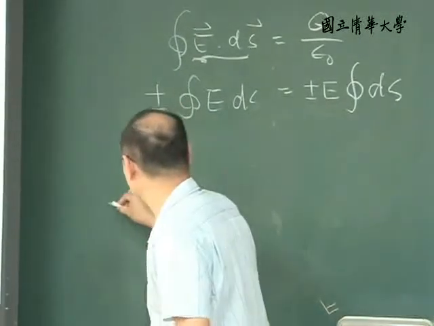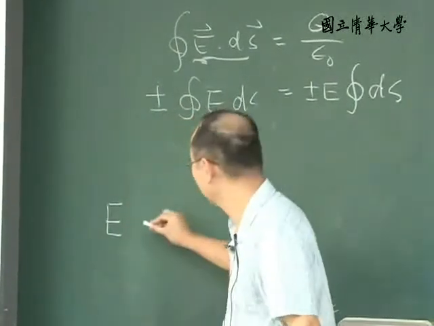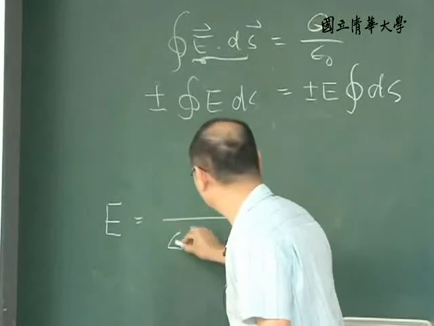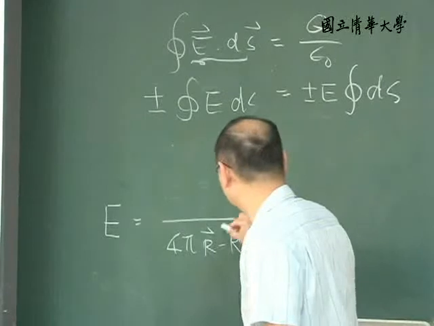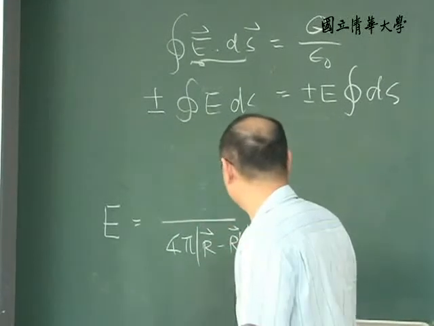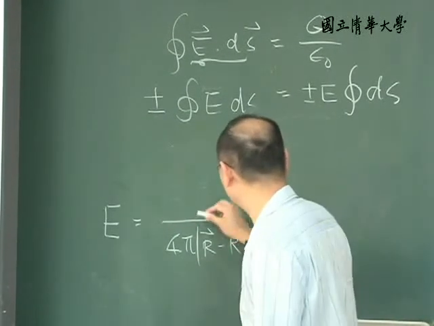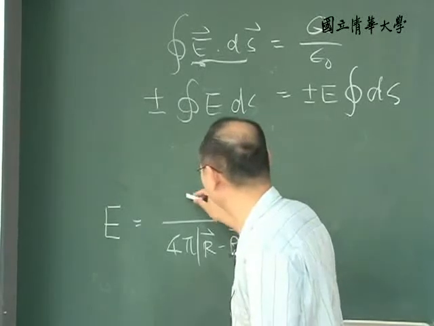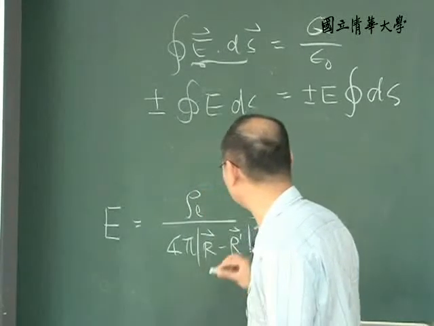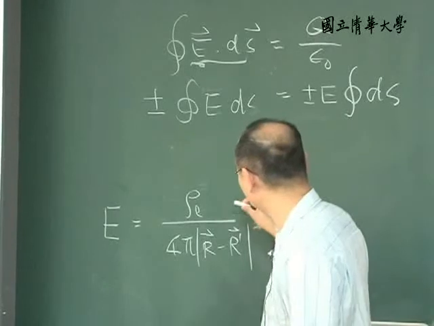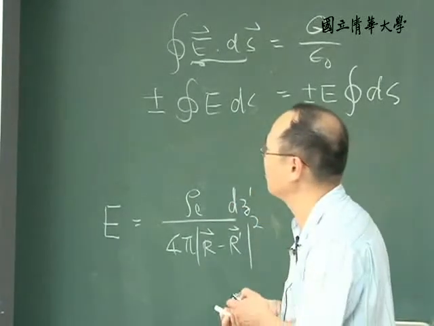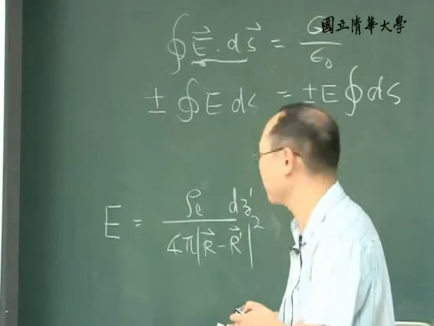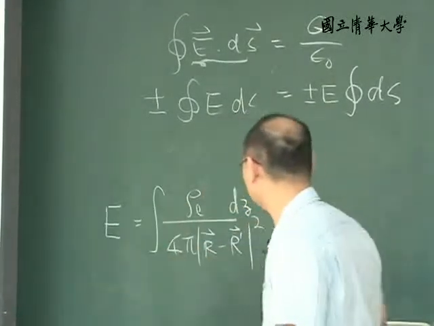Pick up the electric field equal to 1 over 4 pi epsilon naught, r minus r prime squared, and this will be the line charge density, and you have to integrate over dz prime, distributed over z direction, okay, and do an integration.